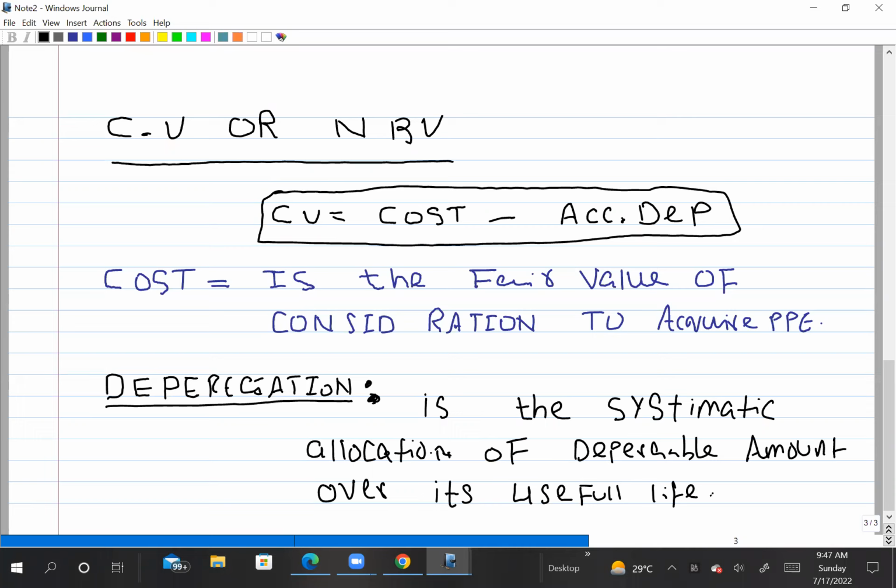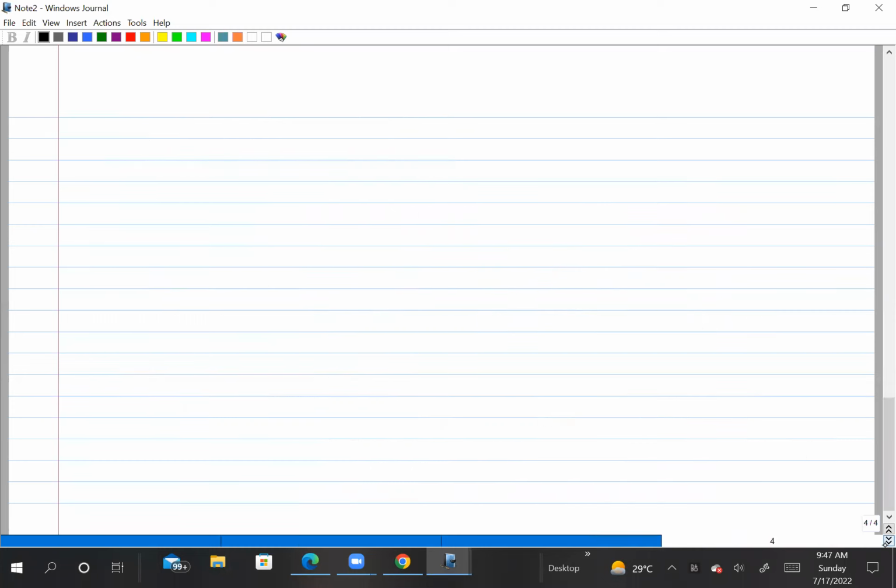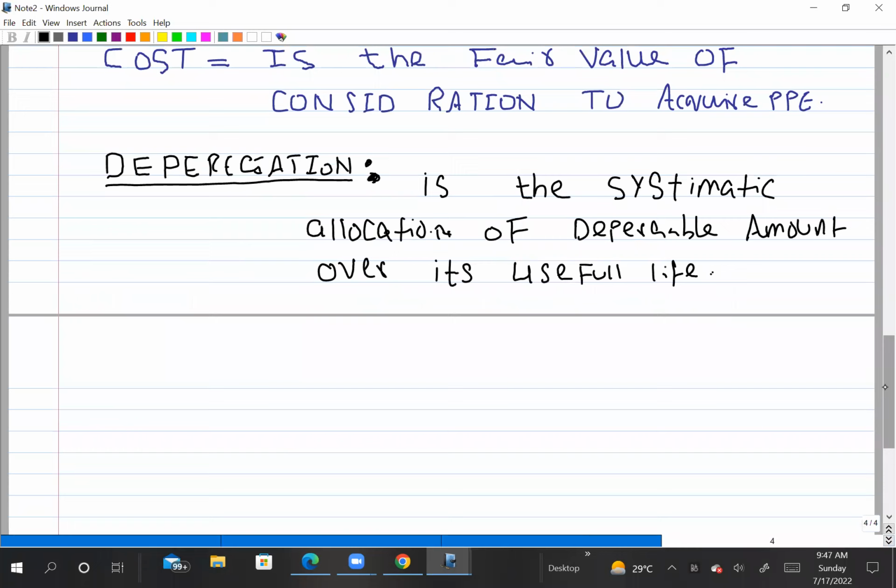That is known as depreciation. I will explain what the systematic allocation is and how it will be allocated.